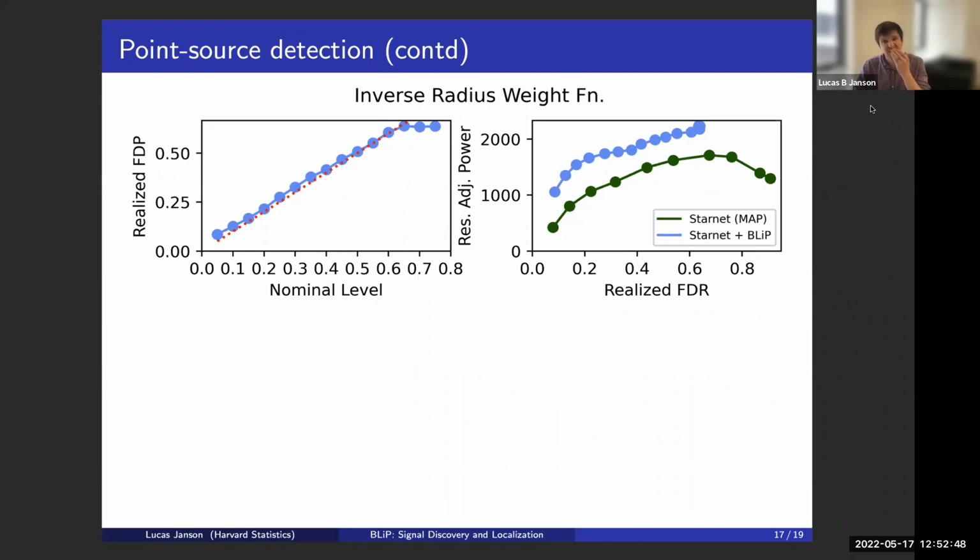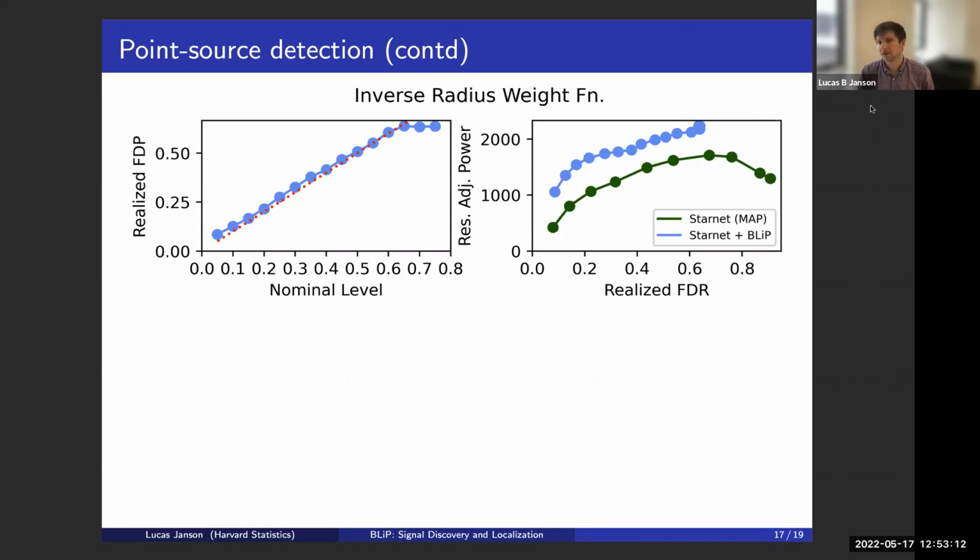And then the right-hand plot shows the resolution adjusted power. Here we see our curve, the StarNet plus BLiP curve. This is power versus false discovery rate, and we map out a curve by changing Q. We already saw that Q basically corresponds to the realized false discovery rate, the x-axis.